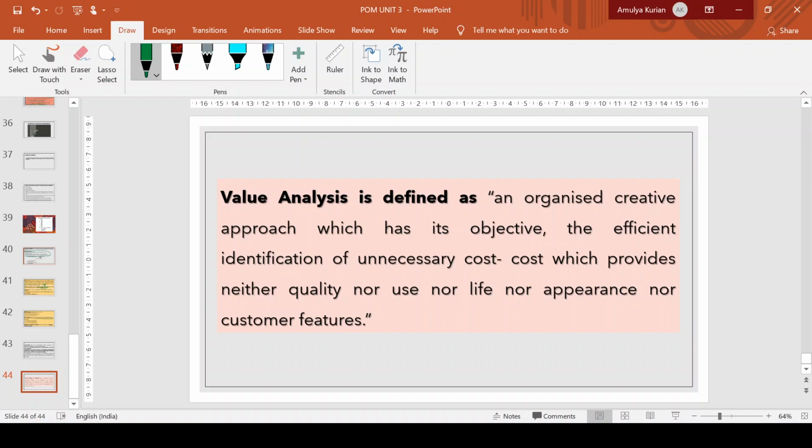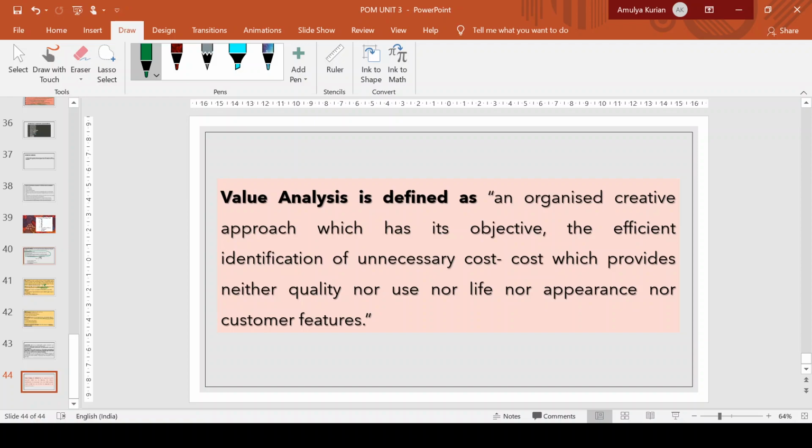So it is a way by which you identify the cost which is not at all contributing to the quality, nor life, nor the appearance.